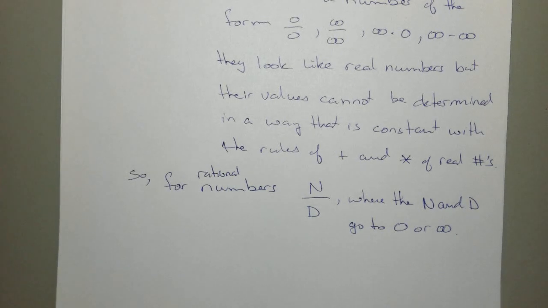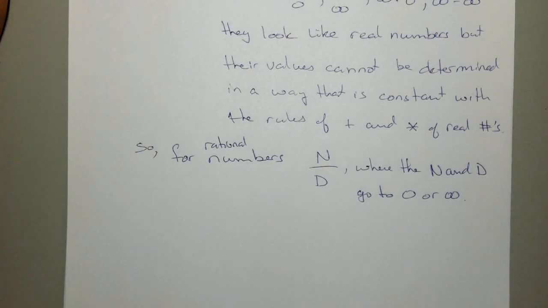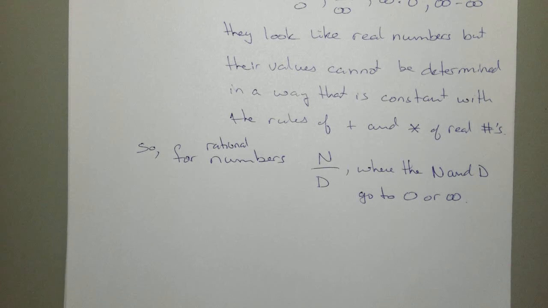First, we're talking about limits. Here we're going to look at limits going to either 0 or infinity, or actually any value x that makes the numerator and denominator 0.